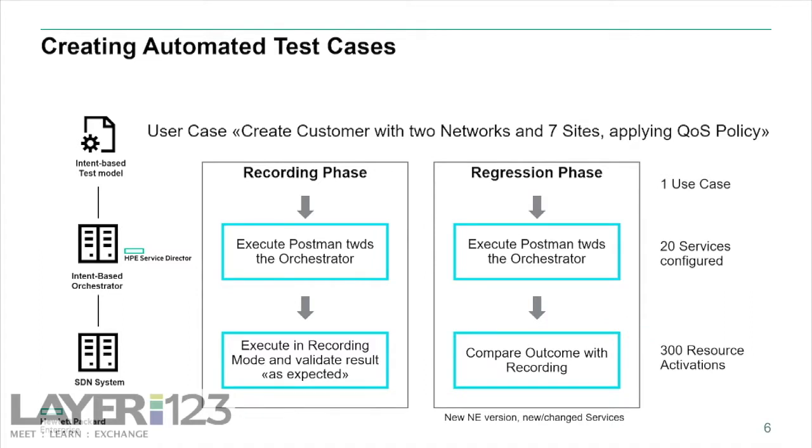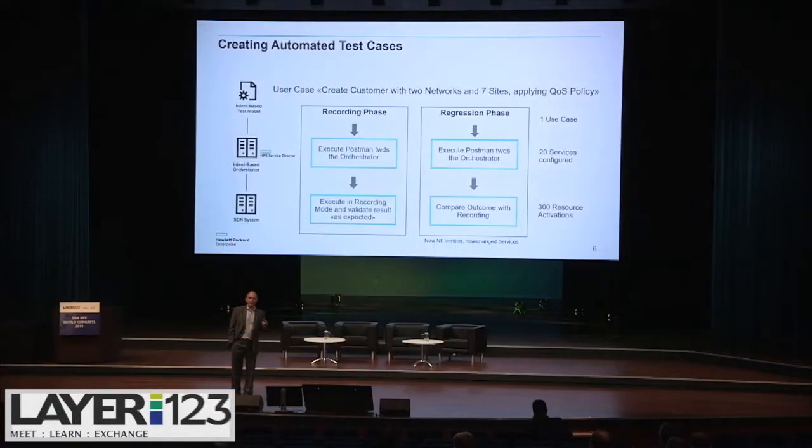Then we first run recording phases with the configuration the way you would want it. And then when we put in the new system, we can do a regression test phase where we repeat the use cases based on the business logic, which is semantically machine readable, which means the system can automatically generate all the variations of the tests which you would want to do. This means you can have one use case, which will generate 20 services, and out of these will be 300 or more service activations onto your SDN device.